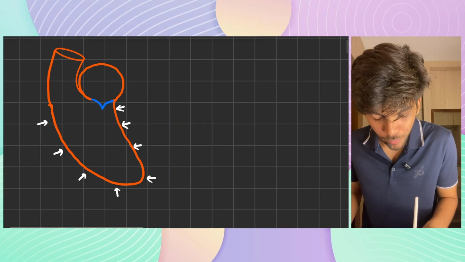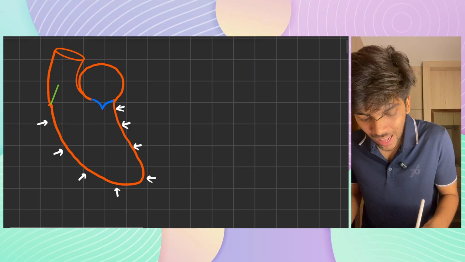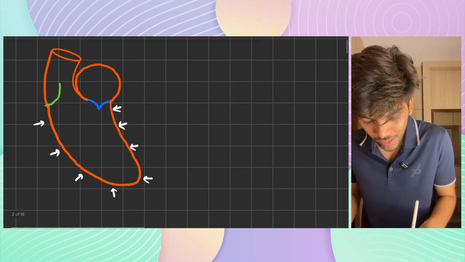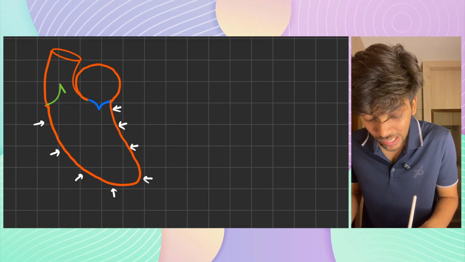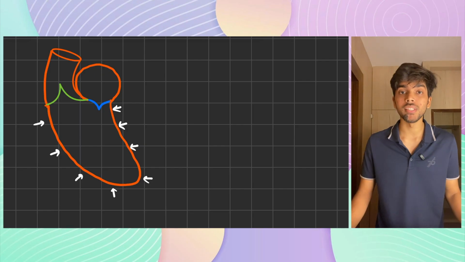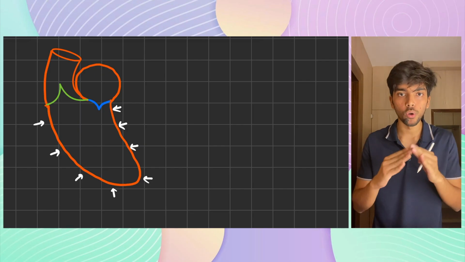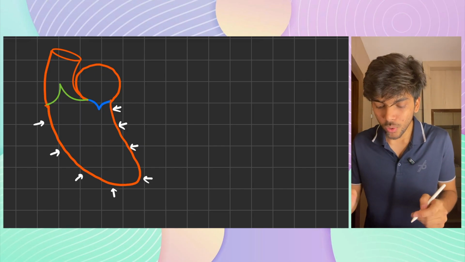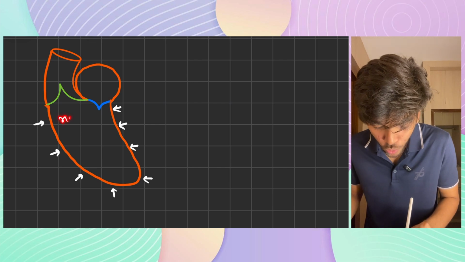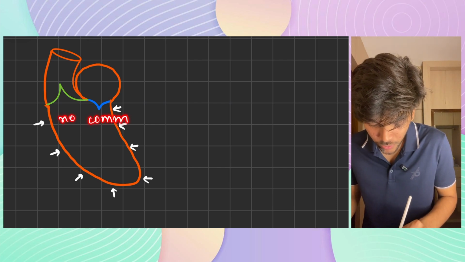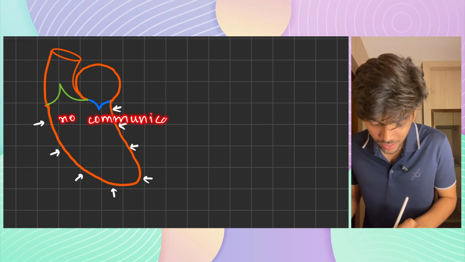In isovolumetric contraction, the valve in between the left ventricle and the aorta, which is the aortic valve, is closed. Since the aortic valve is closed, there is no communication between the left ventricle and the aorta.